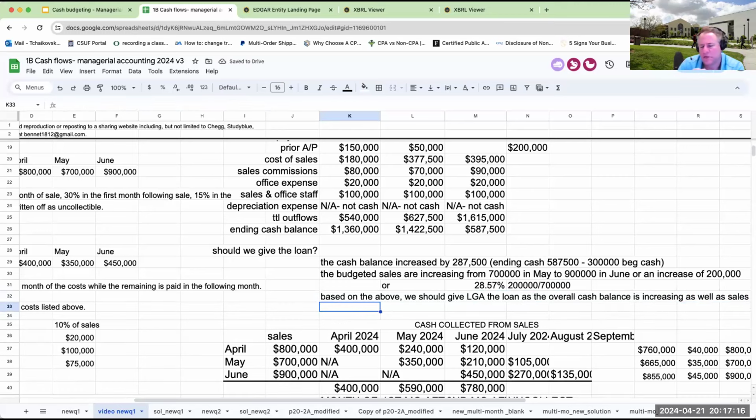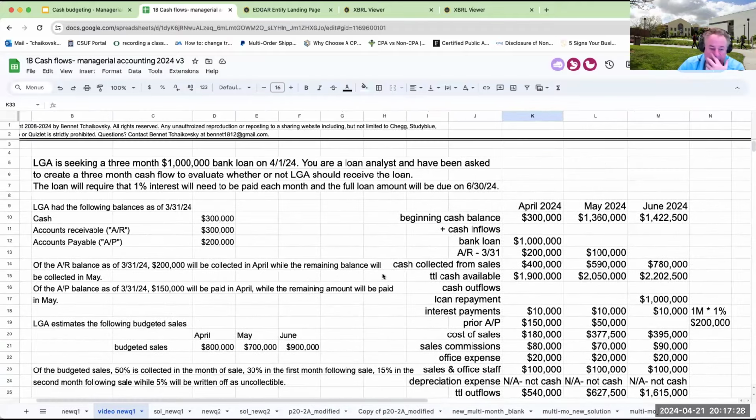In terms of whether we should be giving the loan or not, it's a really, really tough call. But we want to point out some things here. Obviously, if we really are going to give this loan for the amount of money that it is, we would probably want to see historical numbers as well. But it cannot be understated how important this cash flow is.